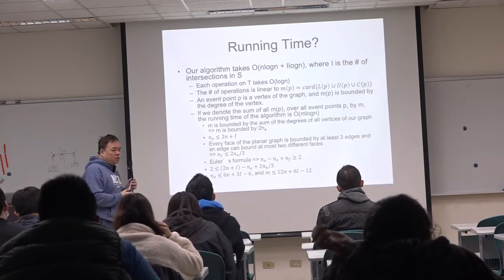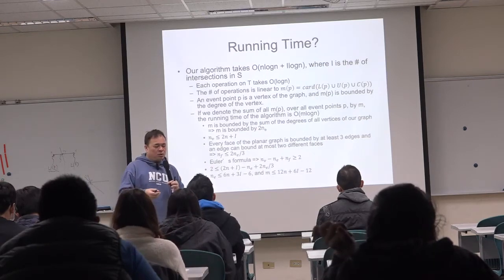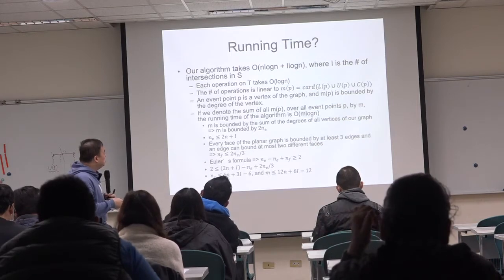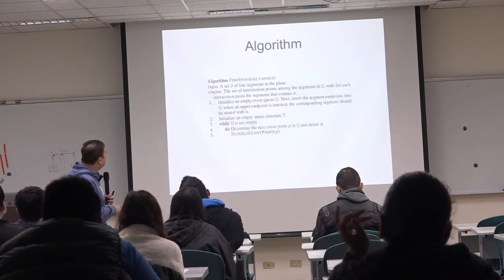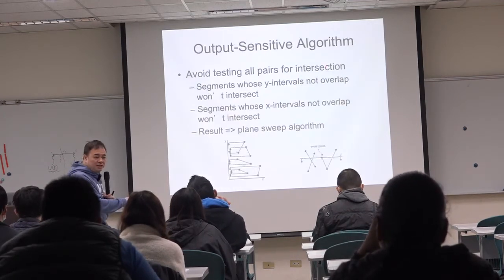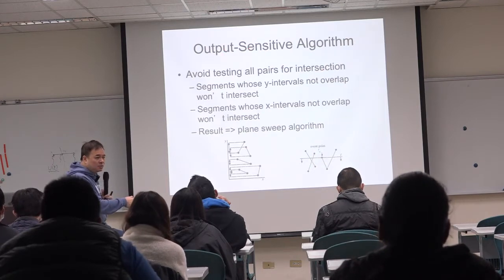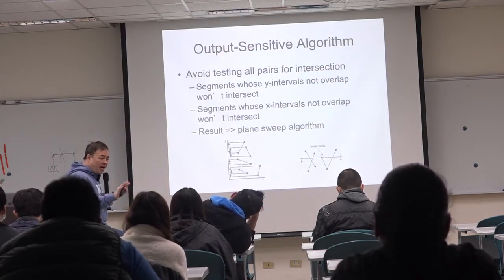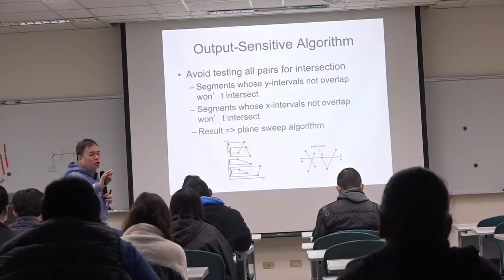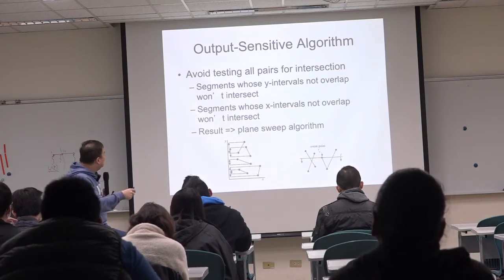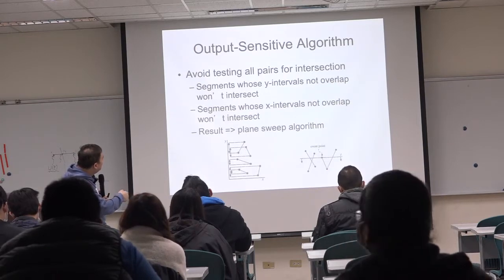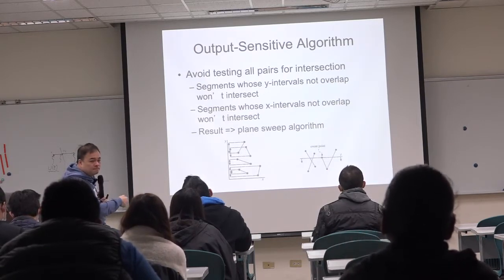I just want to remind you, when we talk about this algorithm, I keep telling you this is what we call an output sensitive algorithm. When you have an output sensitive algorithm, the time complexity should have something to do with the size of your output.